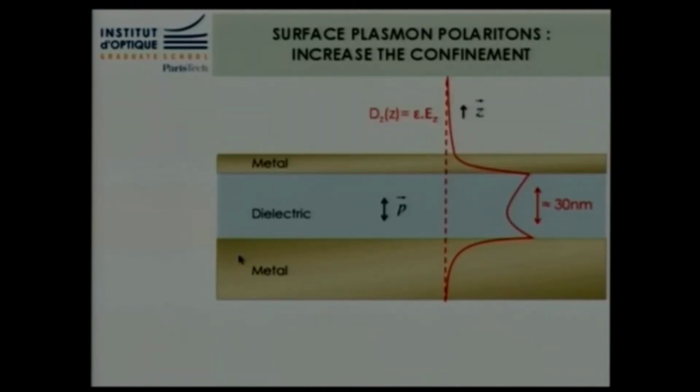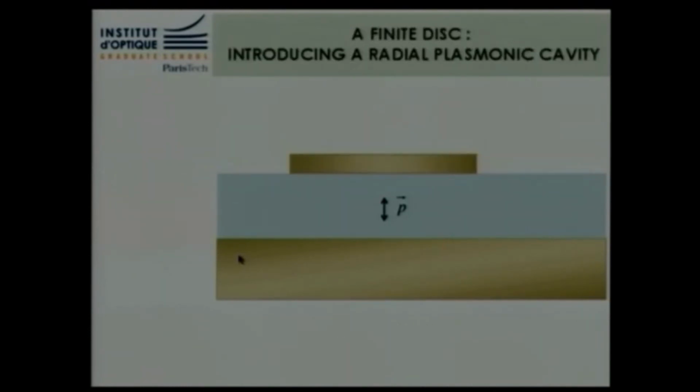So then, by putting a thin metallic layer on top of the dielectric layer, one can create a highly subwavelength cavity. And furthermore, the usual quality factor of plasmonic cavities is on the order of 10, which provides broadband operations.